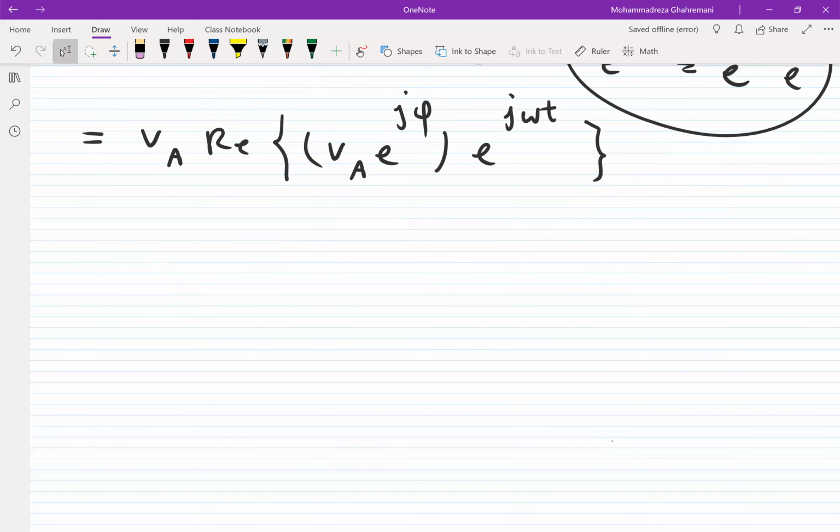Now we reach this point, and we call this term of our function a phasor. So the phasor is VA e to the power of j phi.